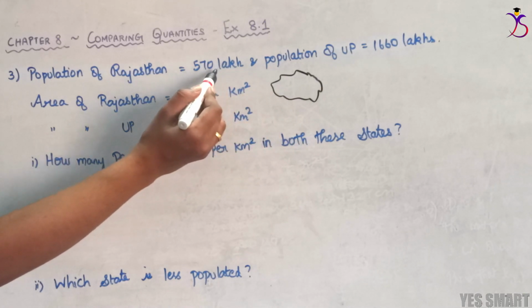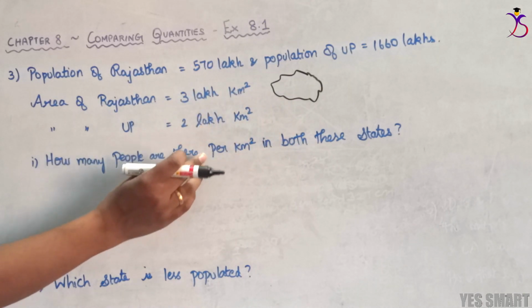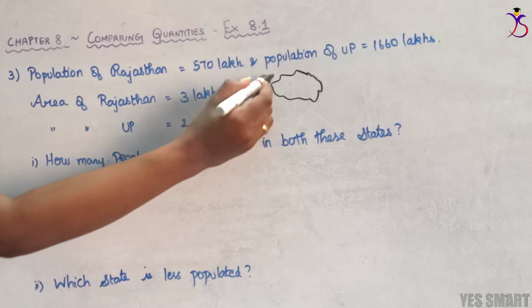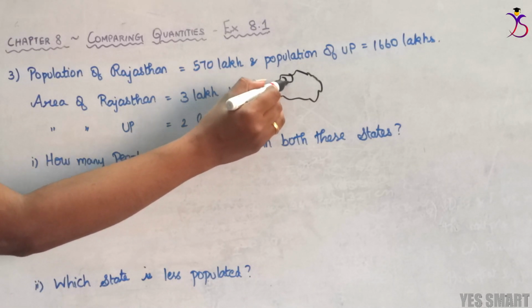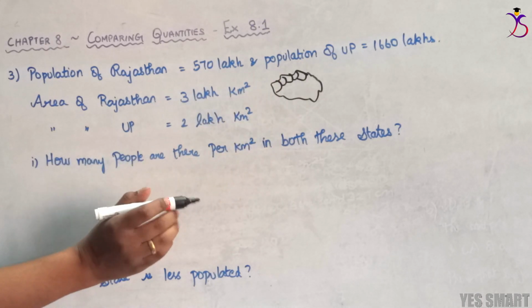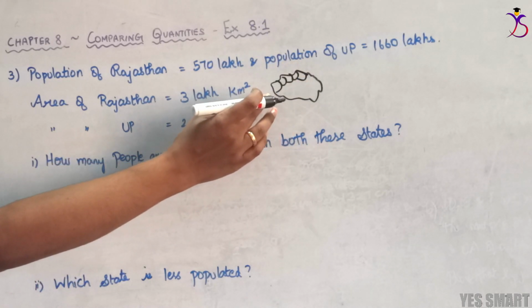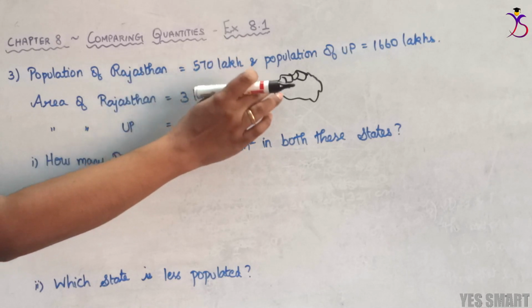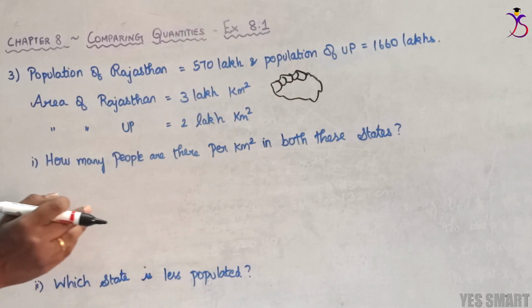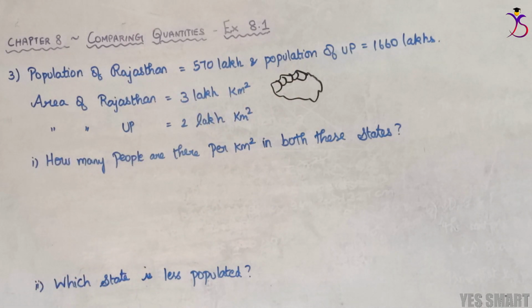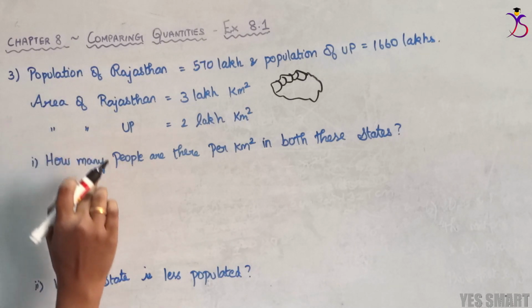They are now asking how many people are living in each kilometer square. This is a total of 3 lakh kilometer square, but in each kilometer square, we have to find the value. The total population is 570 lakh. So let's write the given.